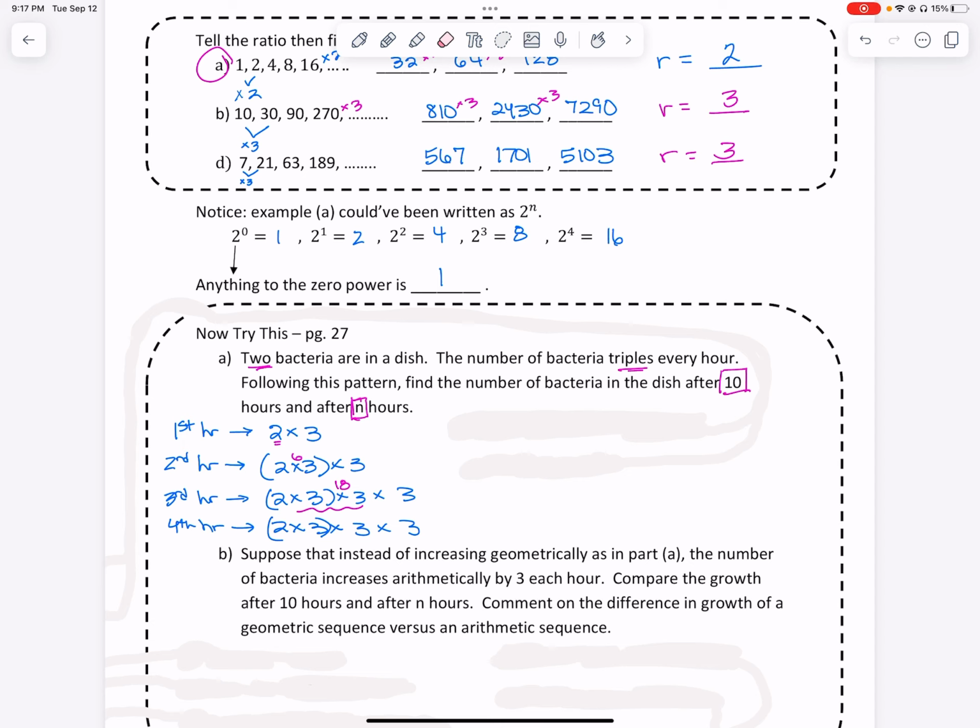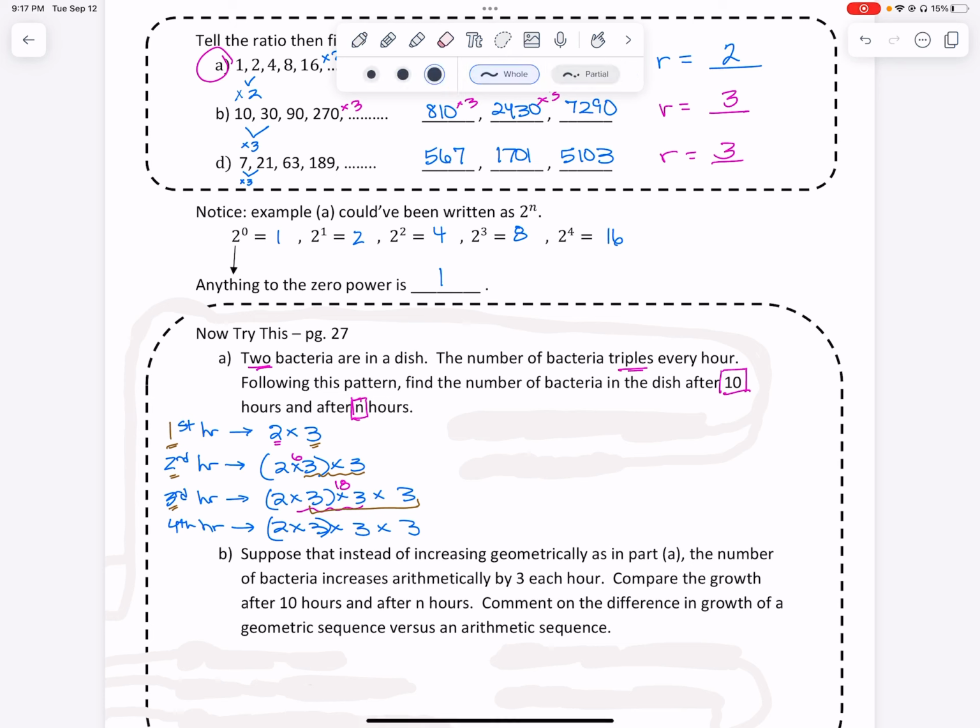So let's look and see how many 3s we have. After our first hour, we have 1 3. To do the second hour, notice I have 2 3s. Third hour, I have how many 3s? 3 3s. See the pattern?